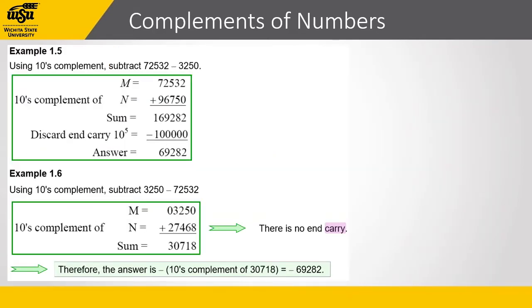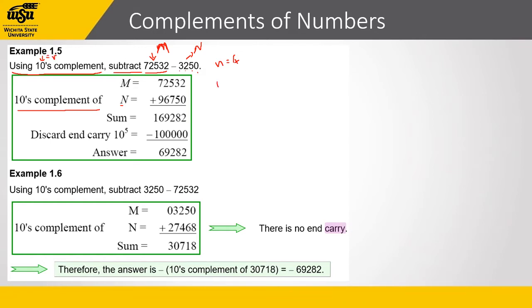So let's see how these examples can be solved. We want to use the 10's complement to subtract 3250 from 72532. From the previous slide, we know that we have to first find the tens complement of N. So this one is N and this one is M. Forgive my handwriting. I haven't got my writing pad yet. So n is equal to 4 because it has 4 digits, and r is equal to 10.